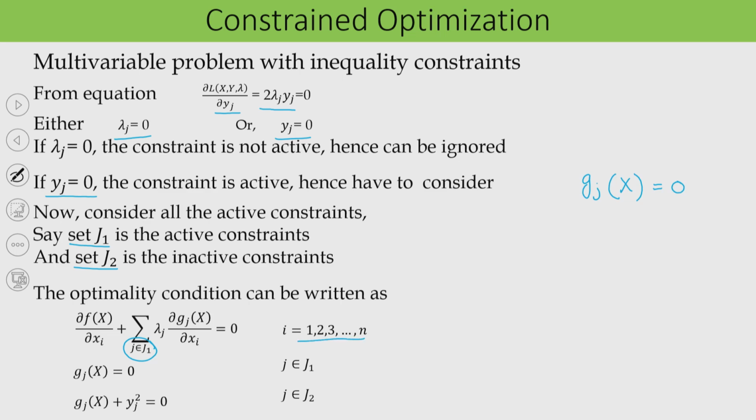Similarly, z j x equal to 0 is for the active constraints. And for the inactive constraints, we have z j x plus y j equal to 0, and for these constraints lambda is equal to 0. So, these are inactive constraints.